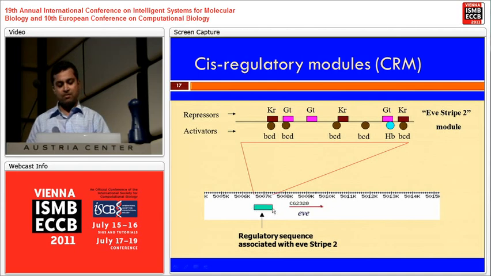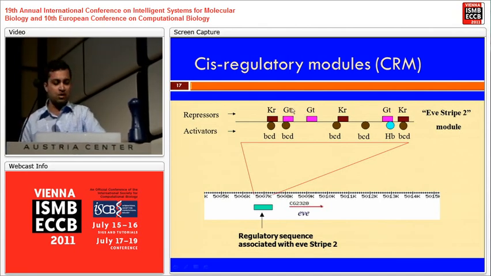It's about a kb in length, about a kb away from the gene. And if you look into it, you'll find many binding sites. You'll find binding sites for activators, Bicoid and Hunchback. You'll find binding sites for repressors, Kruppel and Giant. And you'll find many binding sites for the same transcription factor as well. So homotypic as well as heterotypic clustering of binding sites, all of these acting together to drive that single Eve stripe 2 pattern that you saw.